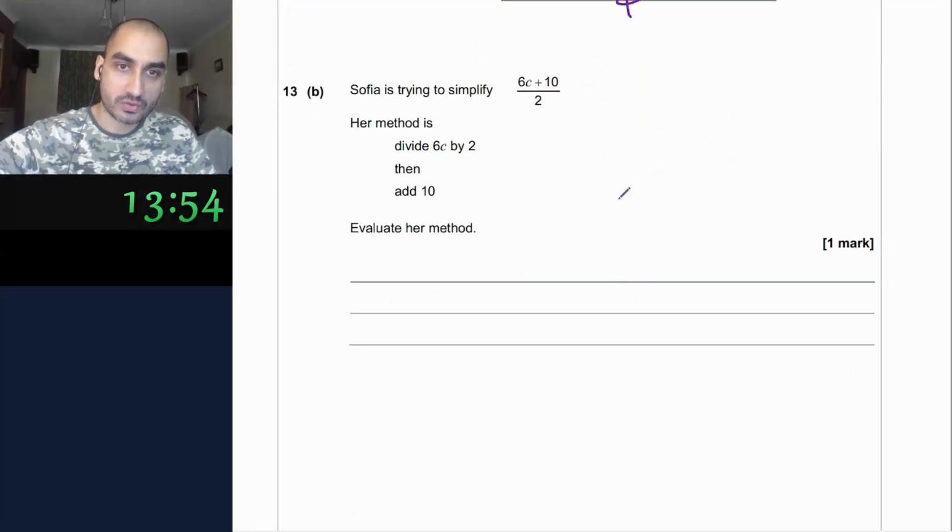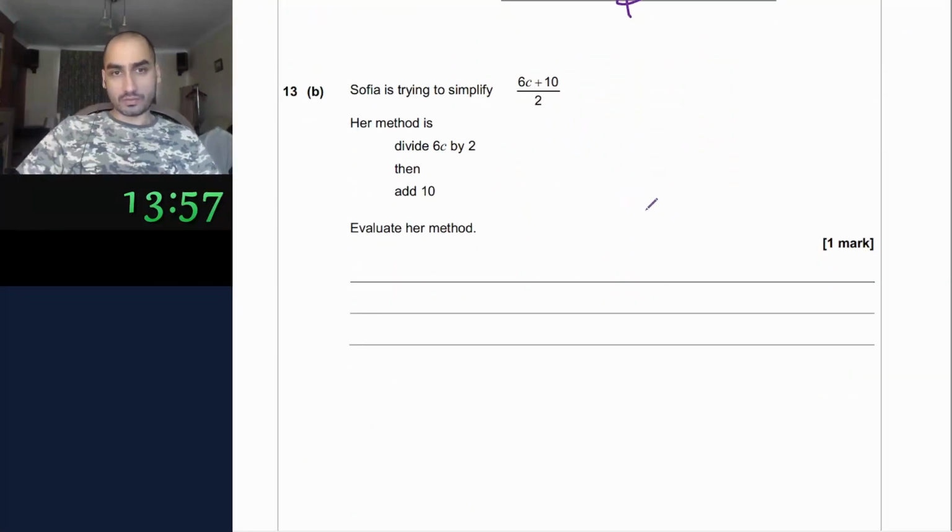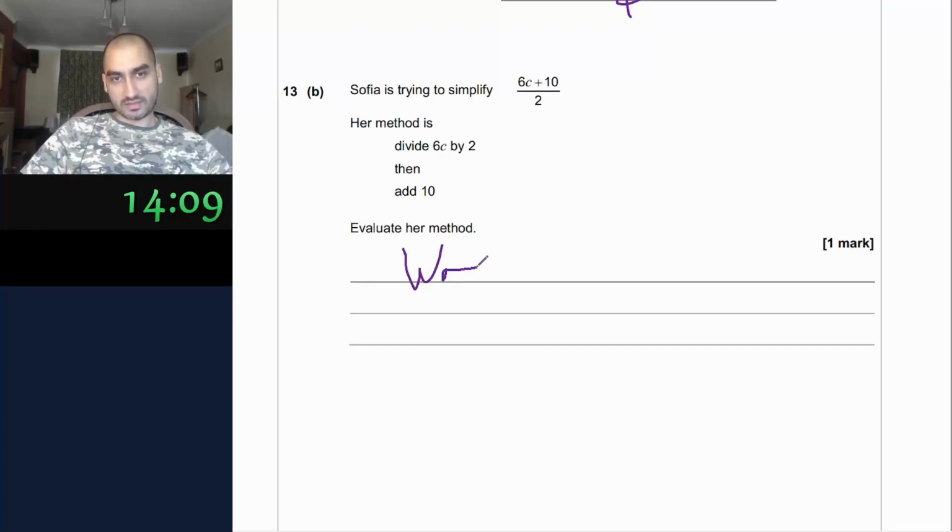Sophia is trying to simplify 6c plus 10 over 2. The method is divide 6c by 2 and then add 10. Well, it's one of those things that's just wrong, and it's hard to say why, because it's just wrong. You don't do that.